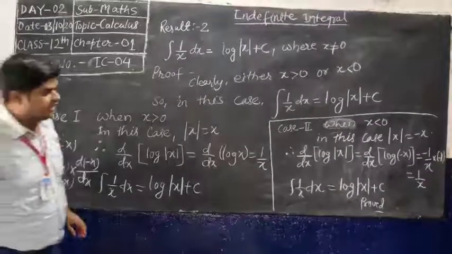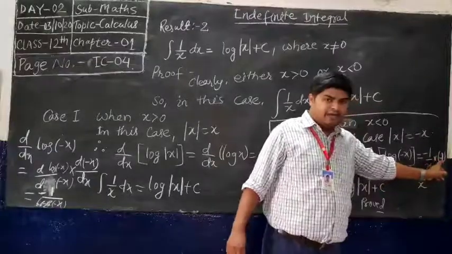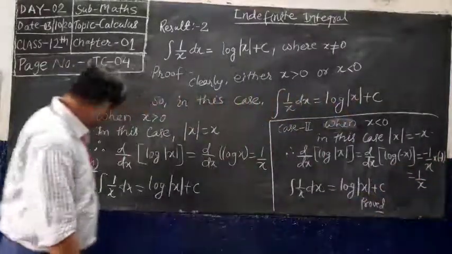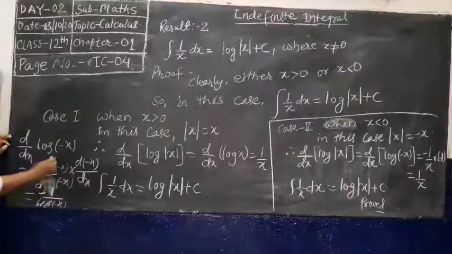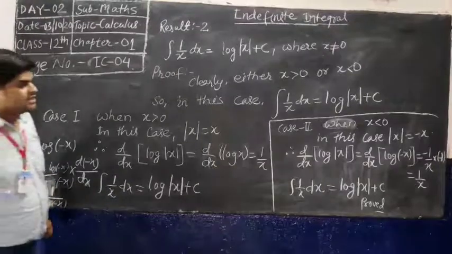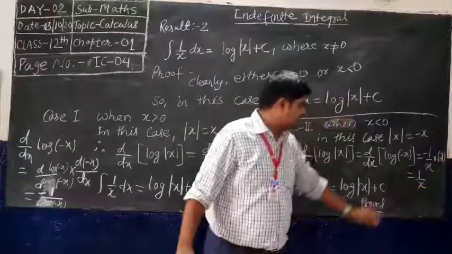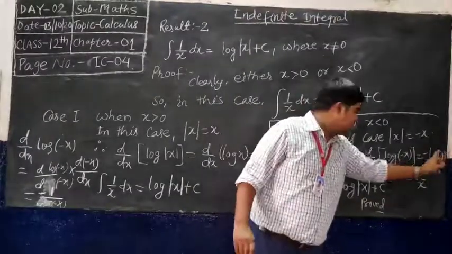So you will write here 1 by minus x into minus 1. Minus into minus is plus, so it becomes 1 by x.